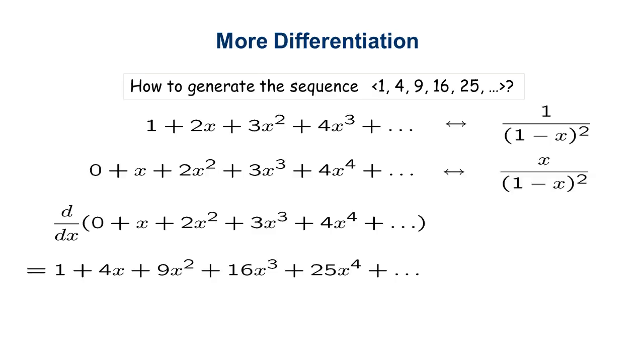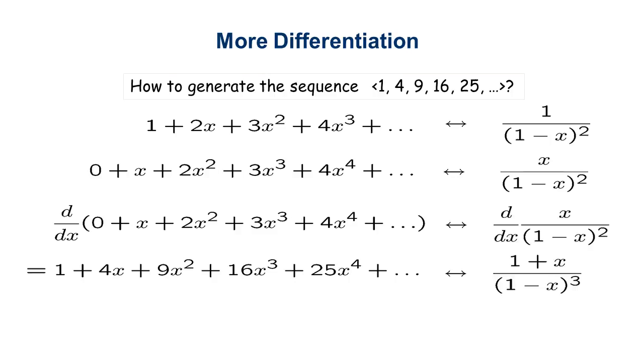When we multiply this with x, it becomes x divided by 1 minus x whole square. After differentiating, we get 1 plus x divided by 1 minus x whole cube. This is the closed form of the sequence 1, 4, 9.